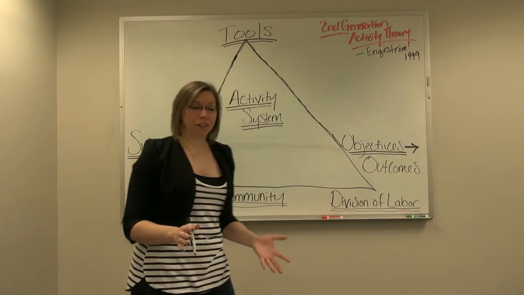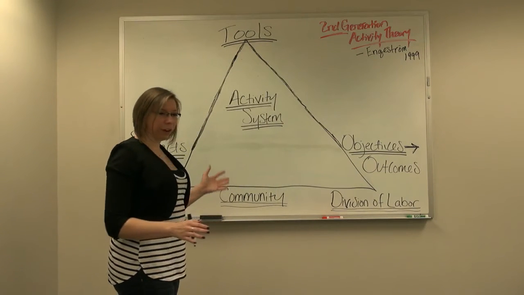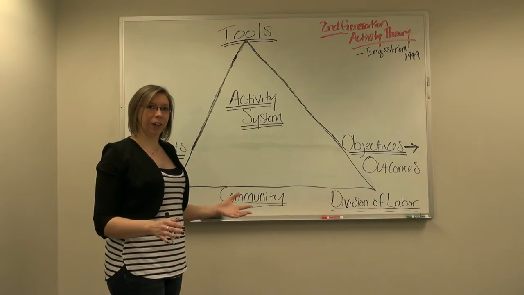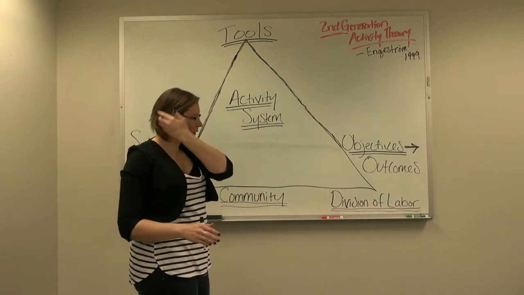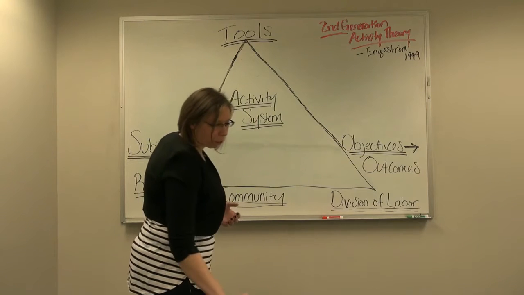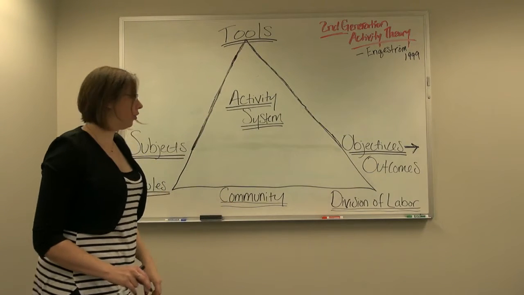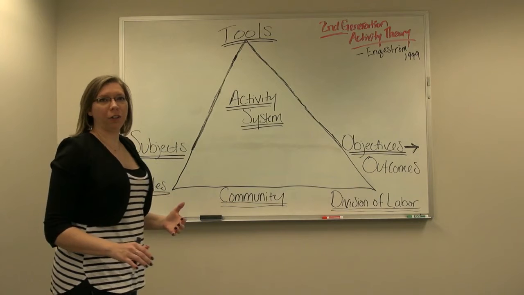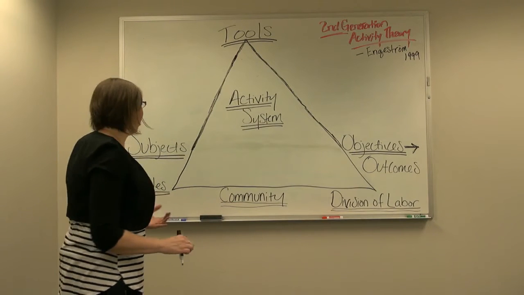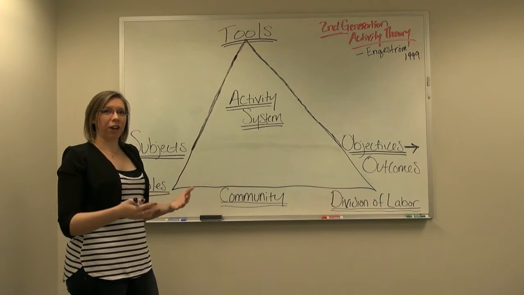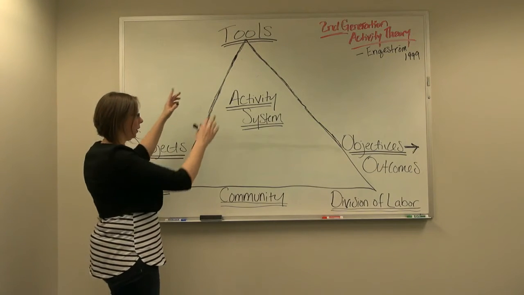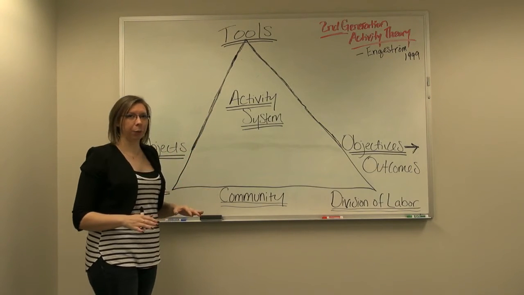And just like we did the first time, there's going to be different questions that we want to ask for each one of these aspects to help us fill in these different pieces. So with rules, our first question is just going to be, what are the norms? What are the rules that people follow? So by, again, saying that all these things are connected, let me color code these arrows a little bit as we go along.